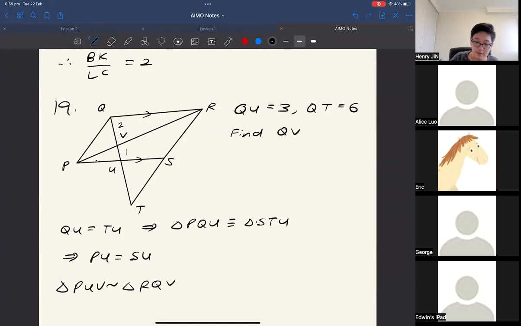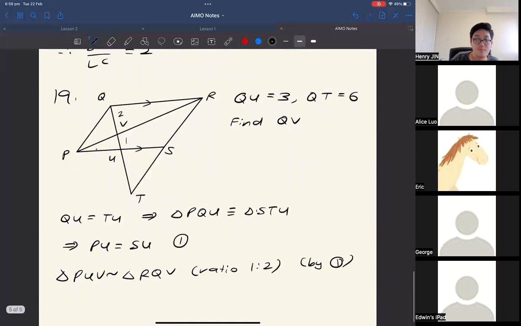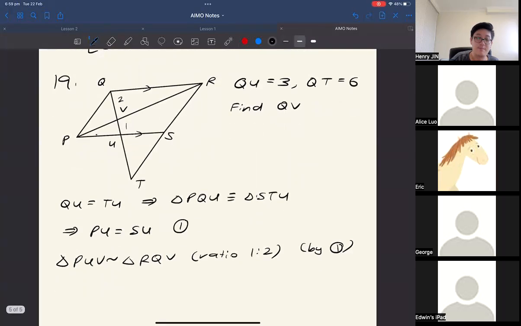But now that we know that UP equals SU, now we know that the ratio is actually 1 to 2, yeah? It's 1 to 2 because it's a parallelogram. So PS equals QR, and because U is the midpoint of PS, then U is the midpoint of QR, if you know what I mean. That's why it's half of QR. That's how we get the ratio 1 to 2.